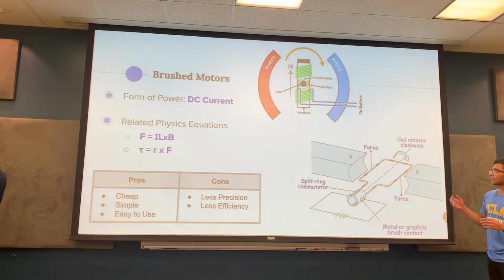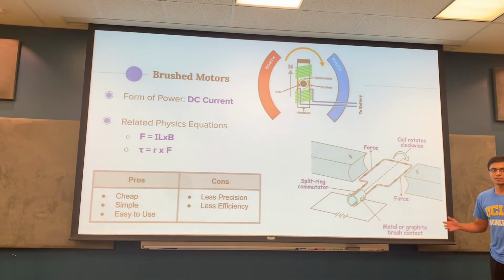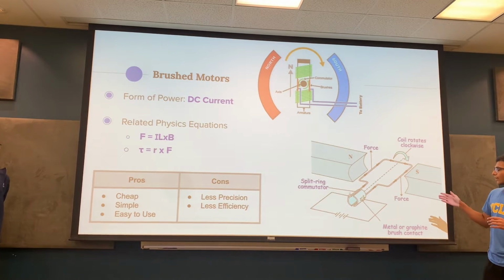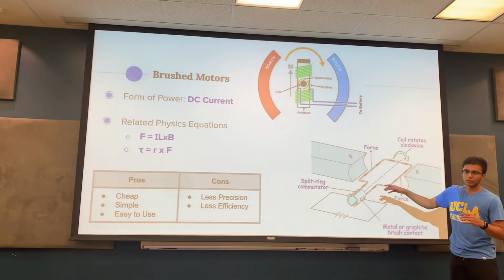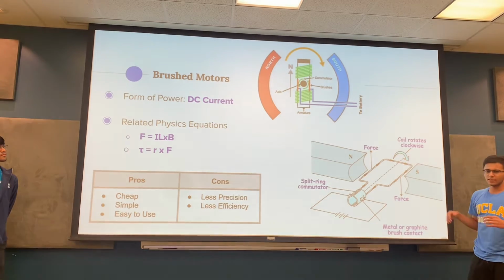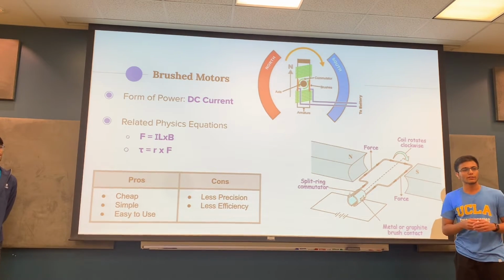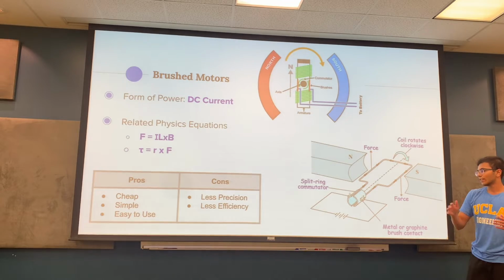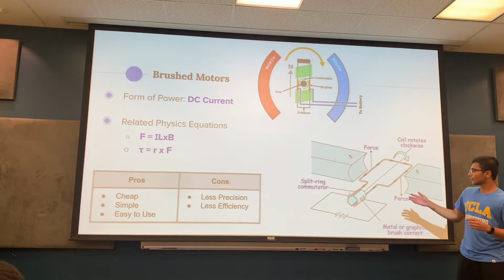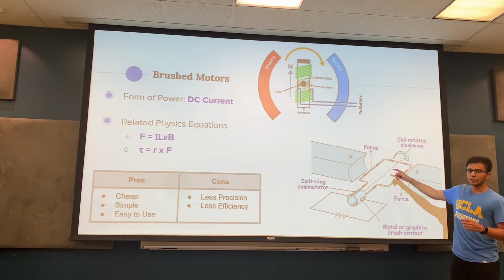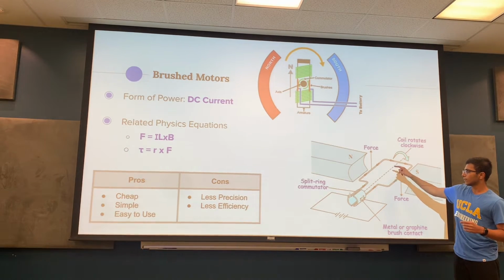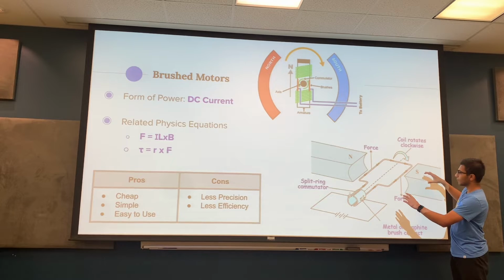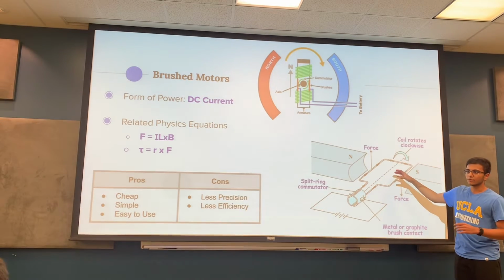Now, the way that the brush motor works is that it takes direct current, and in the motor itself there's a loop of wire through which the current is sent. If you've taken Physics 1B or 1C, or you will eventually, you'll know that when you send a current through a loop of wire, it creates a magnetic field through the loop. Inside the motor, there are two bigger magnets surrounding the loop of wire.